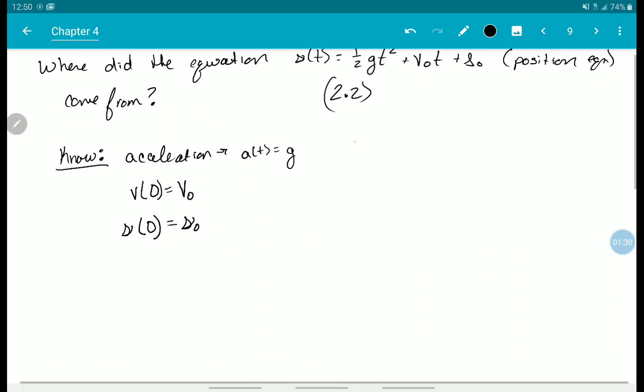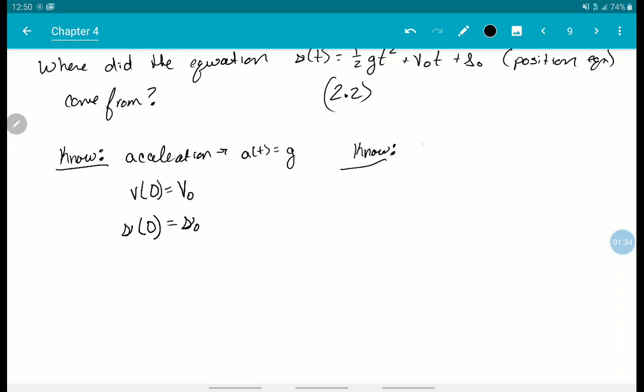We also know a few other things, actually. If we were to take the derivative of the position equation, then we're going to get velocity. And if we were to take the derivative of velocity, which is really the second derivative of the position, then we're going to get acceleration. So we can use that to go backwards.